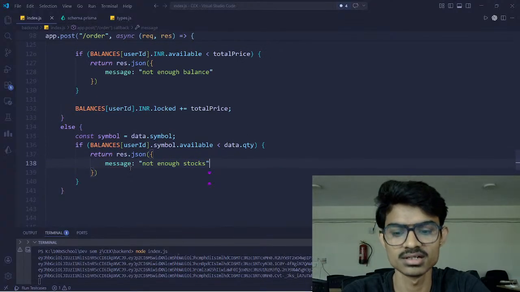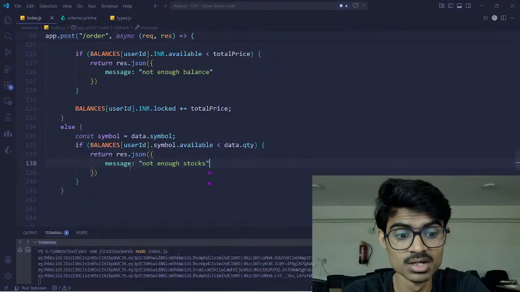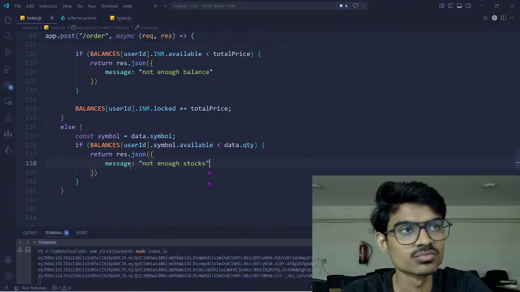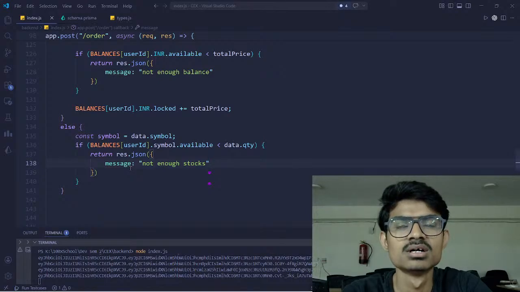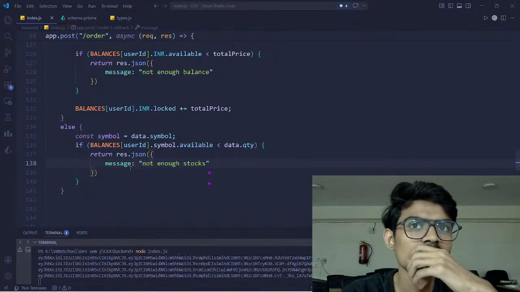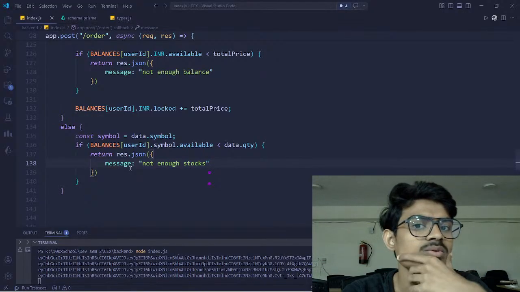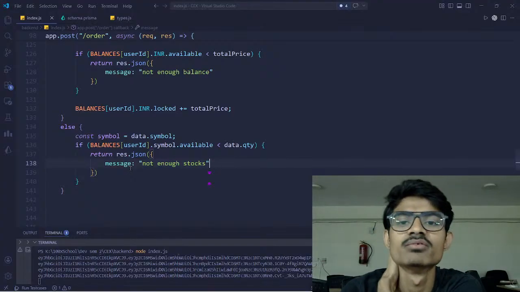If you're selling at one marketplace, you cannot sell at another marketplace at the same time, because what if they buy it here also and there also. So like, if someone buys it here, the stocks would be gone from my side, but I have made them available at that side. So we would have to check again always. Like, we have to continue checking whether we have enough stocks available.